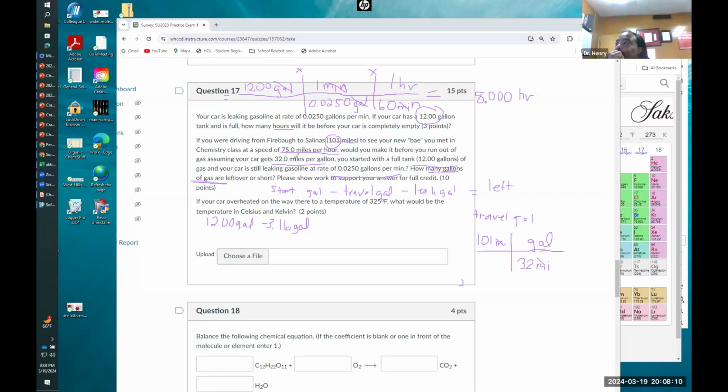In our case, it's 75 miles per hour. So we have 0.0250 gallons per minute.